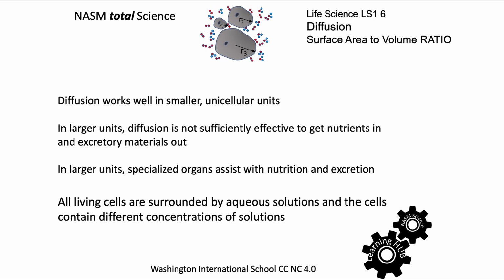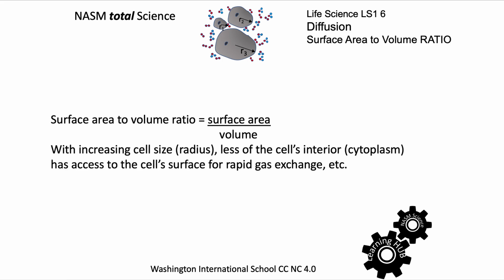And all living cells are surrounded by aqueous solutions, and the cells contain different concentrations of solutions, the cytoplasm. So with increasing cell size, the radius, less of the cell's interior, its cytoplasm, has access to the cell's surface area for, we'll say, rapid enough gas exchange and waste material excretion.